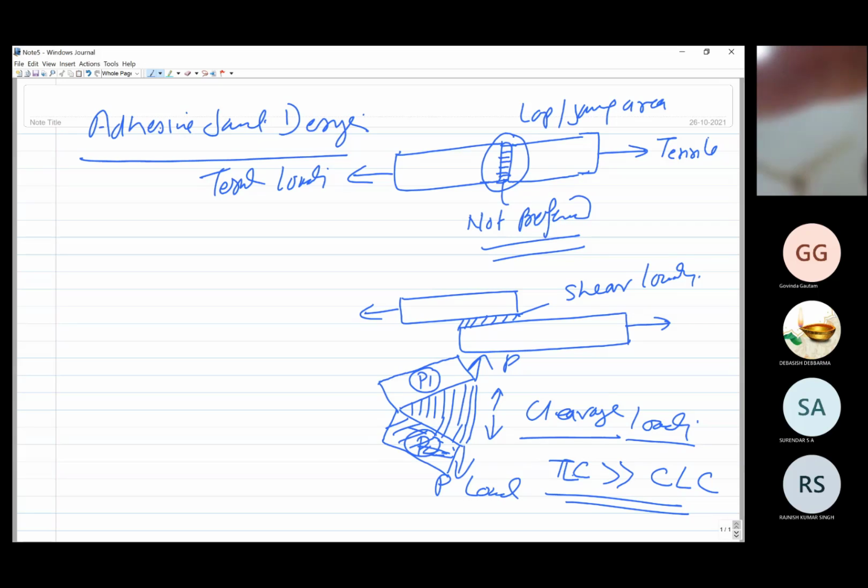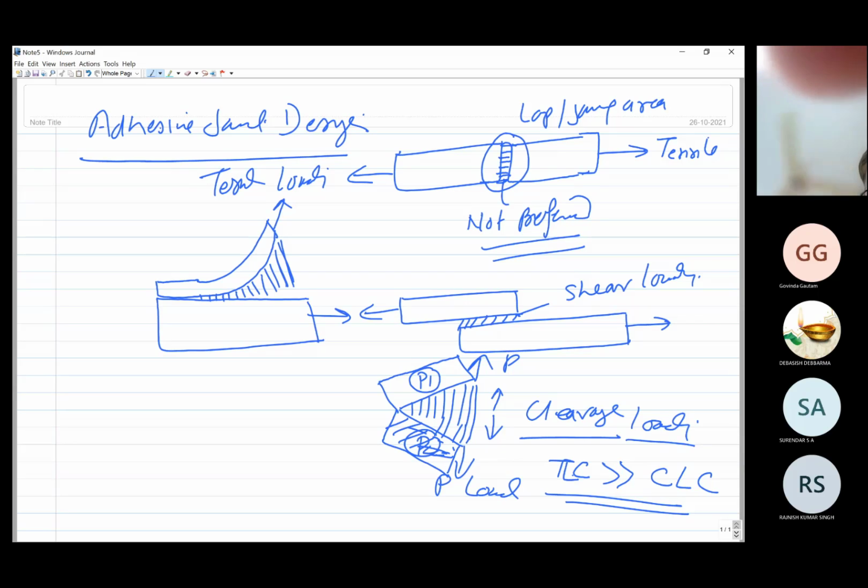But when you talk of the peel loading, under the peel conditions, you find this kind of situation. The two sheets are being joined like this, and this is the joint area. One load is happening in this manner and another in this manner.